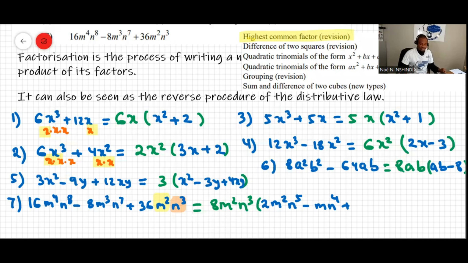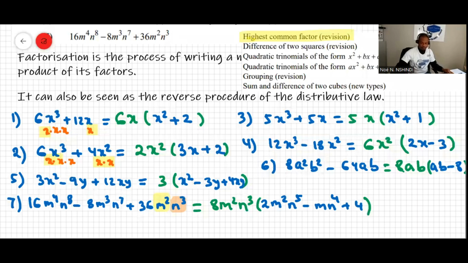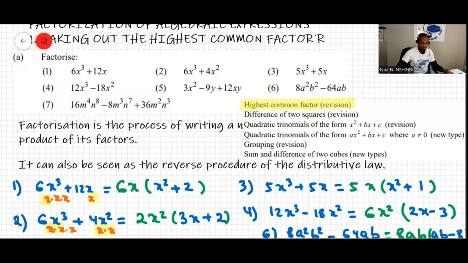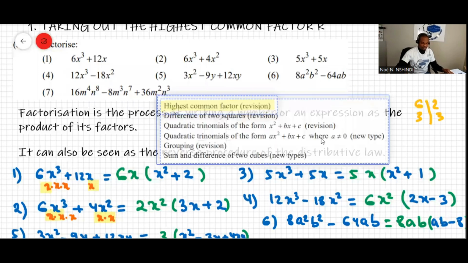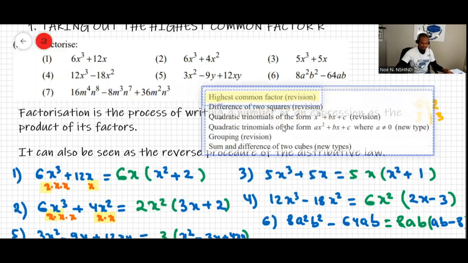For 36, we take 8 out, so it's going to be 4, and m squared is already out, I don't need to write it, and n cubed is also out, so the answer is actually that. That was question 7, and that was the last question.